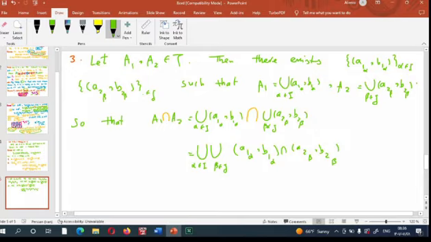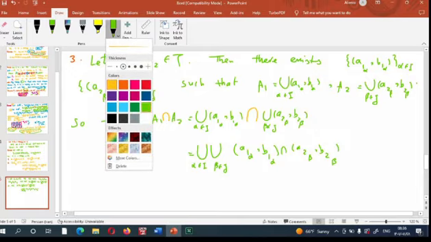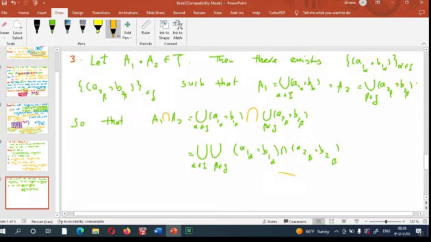This equal to this, and this is an interval, okay? This is an interval or empty set, because these two are open sets, okay?